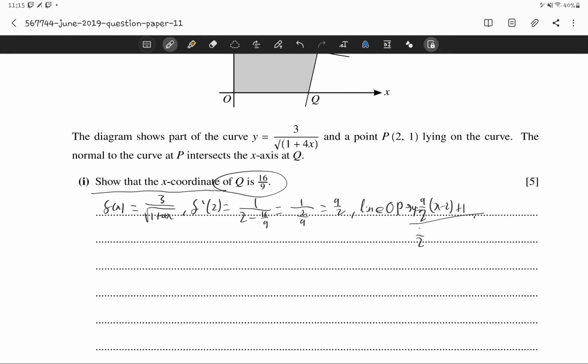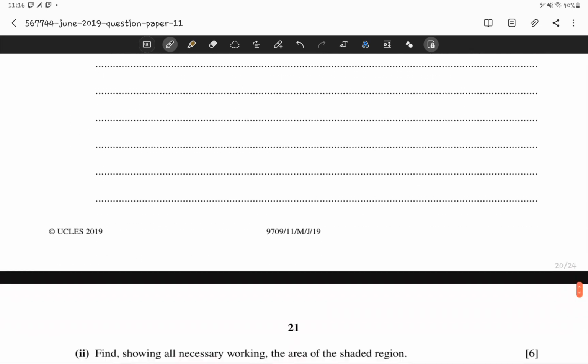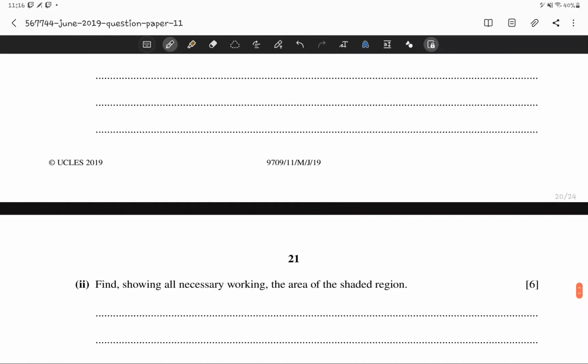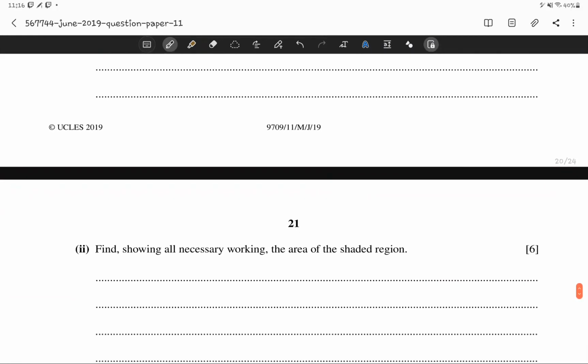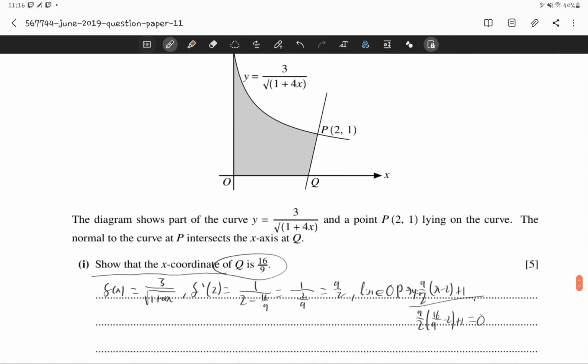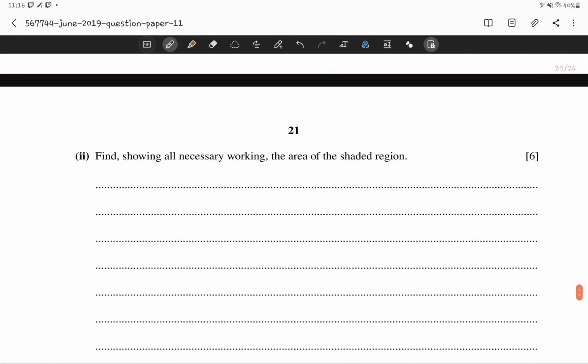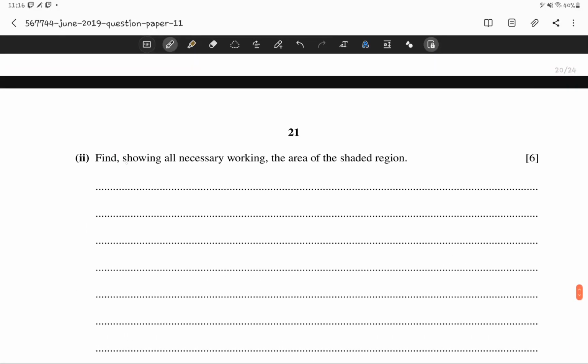And when you plug in 9 over 16, it equals 0. So yeah, let's just cheat our way through that. Find, showing all necessary work. Wait. So if it didn't have this in it, we just needed to put the answers.